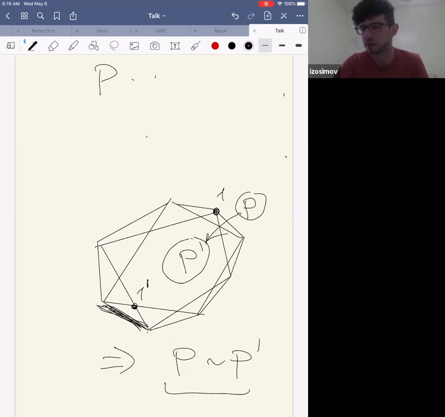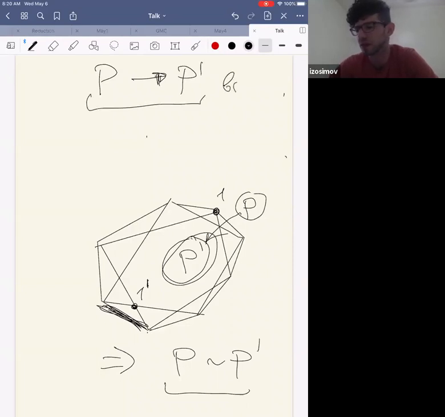We can look at the map which sends P to P prime, and this makes sense for any polygon, or at least for any generic polygon, because if a polygon P is sufficiently bad, it may happen that we're not able to define P prime. It's clear that if you try to compute the coordinates of vertices of P prime, those will be given by some rational function. So the map sending P to P prime is actually a birational map.